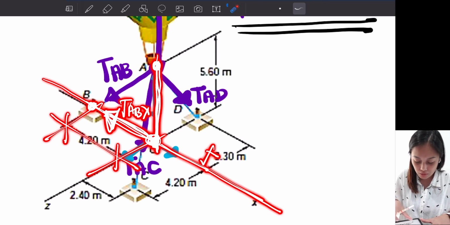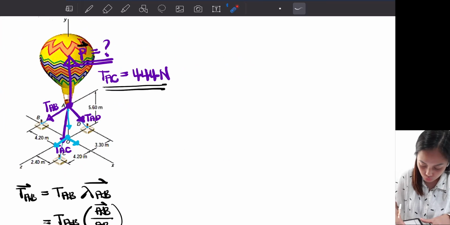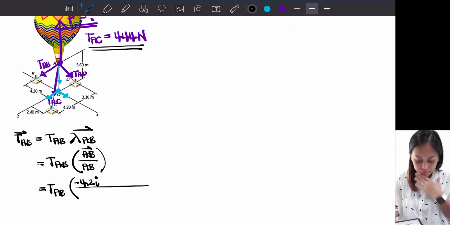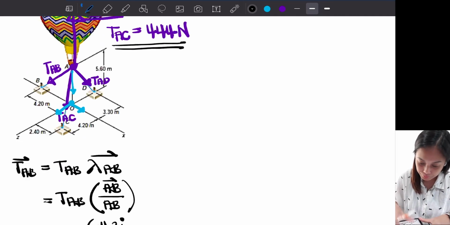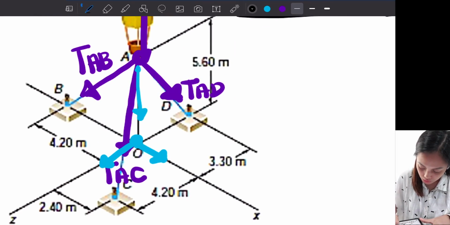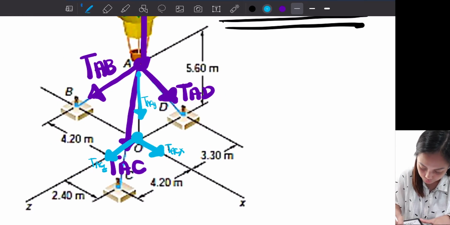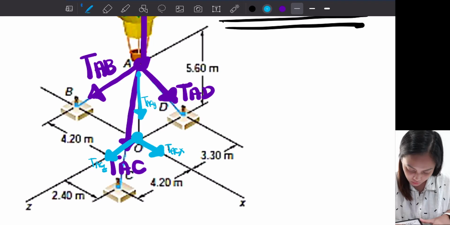Padulong sa left, negative. So negative 4.2 I. This is TAB.